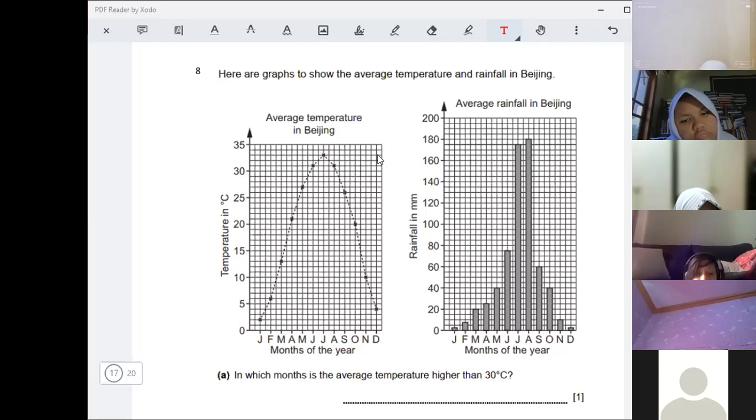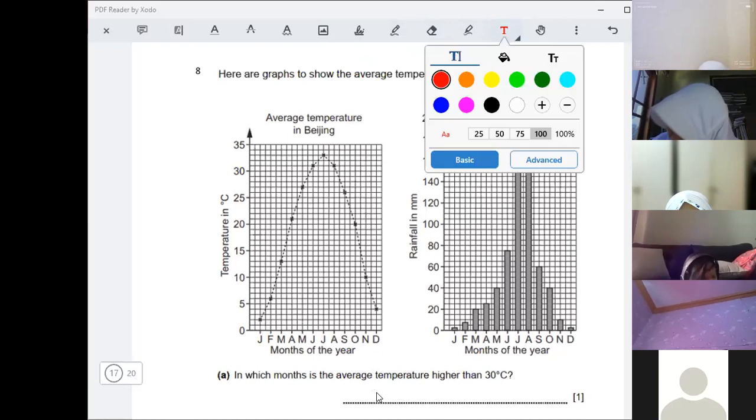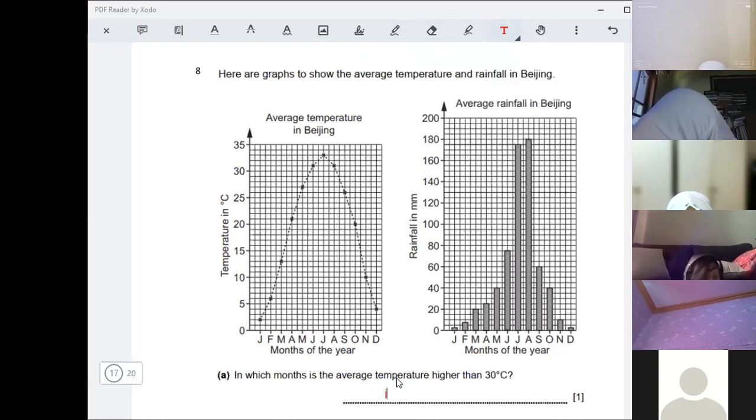In which month? So you can say not only July, yeah, because we have this 30 something, 31. It's also in June, July, and August. So you may write them all, or you may write like this, June to August, or maybe June, July, August.